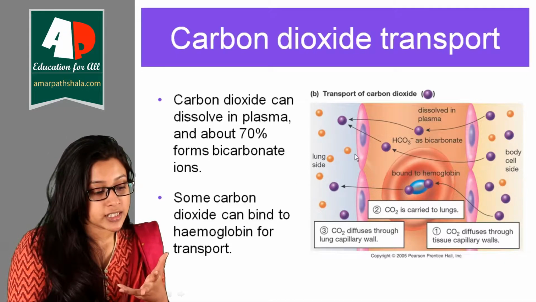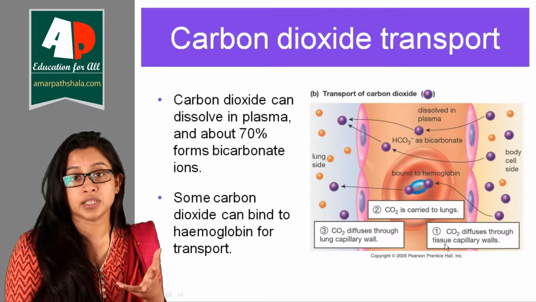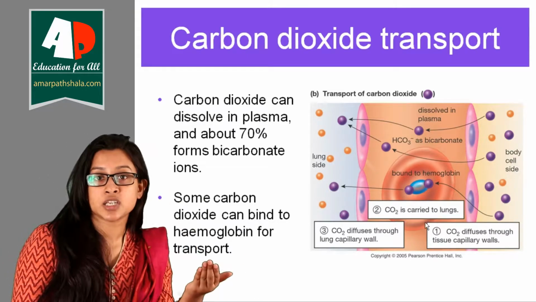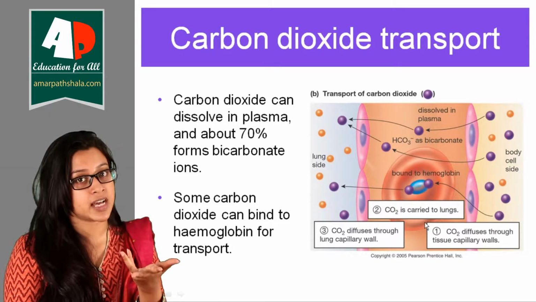So if we look into this diagram, we see that carbon dioxide diffuses through tissue capillary walls. If we go back to our previous discussion, as oxygen is seeping in, carbon dioxide is seeping out.